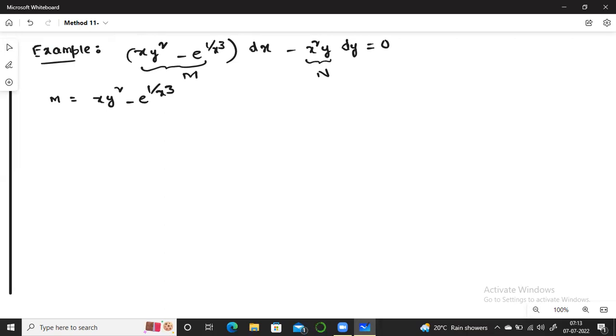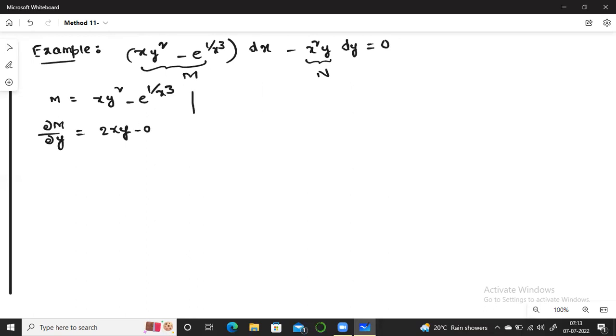I want to calculate ∂M/∂y. With respect to y it is partial differentiation, so x is constant, and y squared differentiates to 2y, giving 2xy. The second term is constant with respect to y, so its answer is 0.